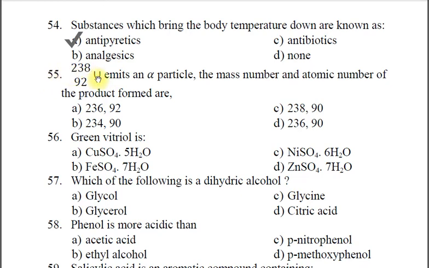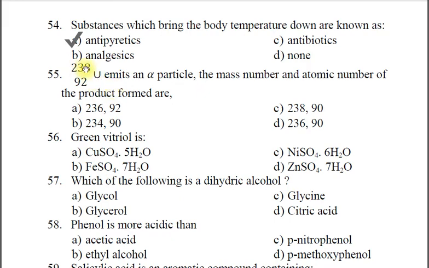238 uranium 92. Now I am reading it as it is, but you should know that 92 is the atomic number and 238 is the mass number. Be ready with your pen and paper because there is a small calculation in this question. You can do it orally also.